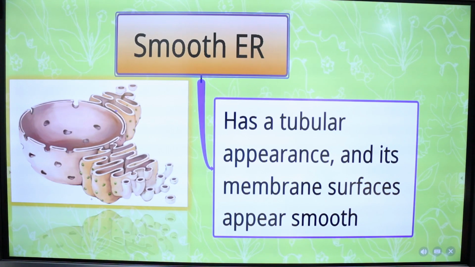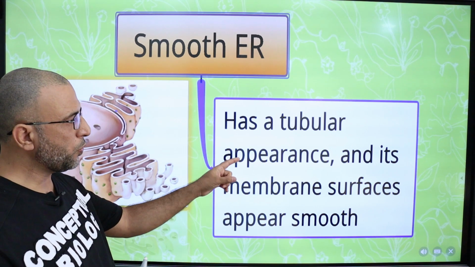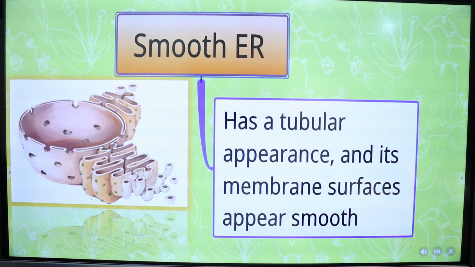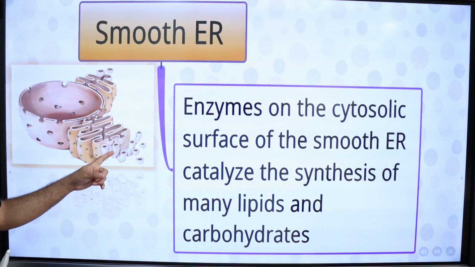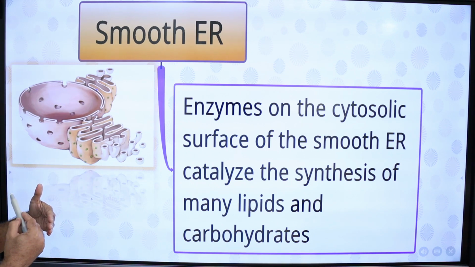Now, smooth endoplasmic reticulum. Smooth endoplasmic reticulum has a tubular appearance and its membrane surface appears smooth. Enzymes on the cytosolic surface. Cytosolic surface, as we know, is the outer surface of the endoplasmic reticulum that is facing the cytosol.